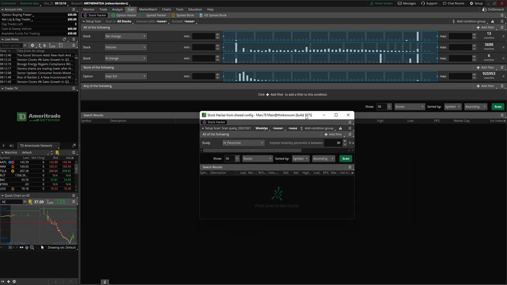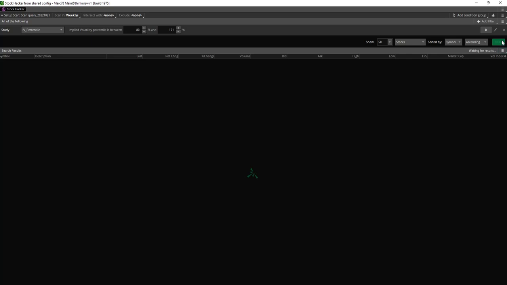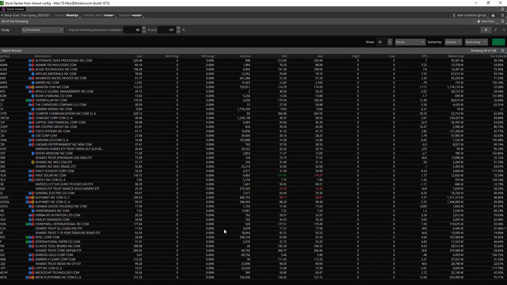Okay, so if I full screen it and scan it, so what's this scan showing us? Implied volatility? Implied volatility percentile?